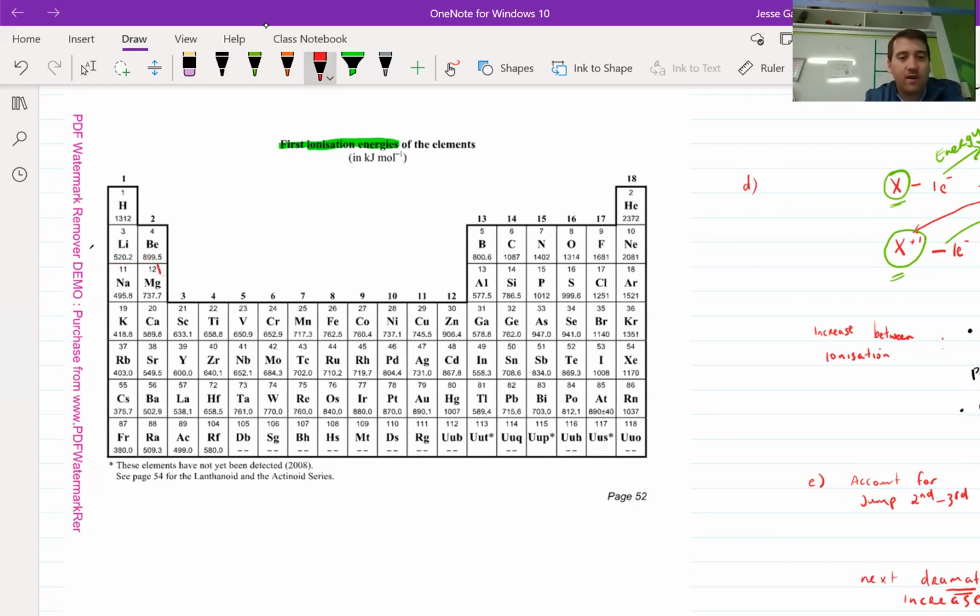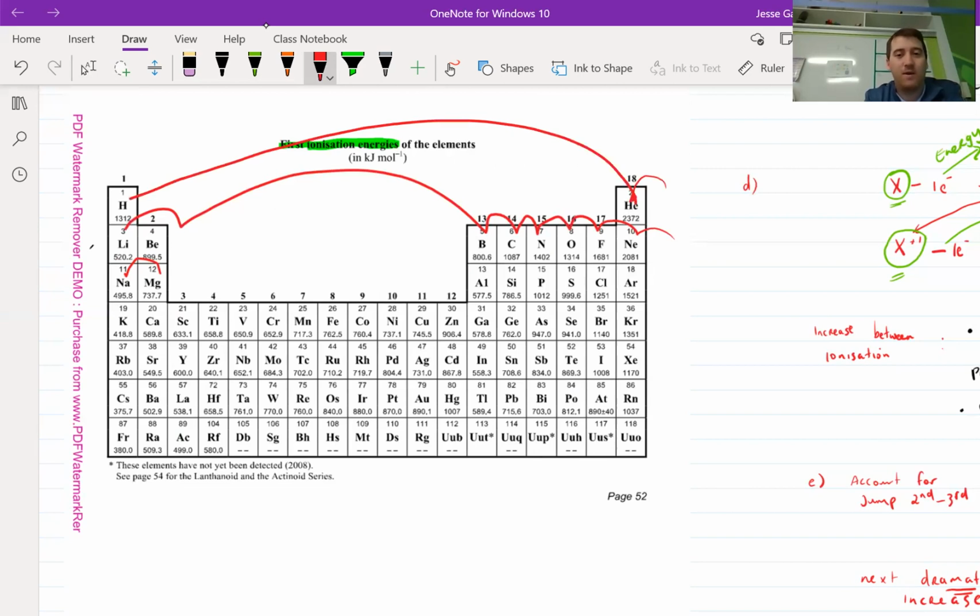Okay, so from here to here is 1, then to 2, then to 3, then to 4, then to 5, then to 6, then to 7, then to 8, then to 9th, and it'll be then when we're taking the 10th electron, it'll be like helium, and taking it from helium would be the one where there's a massive jump.